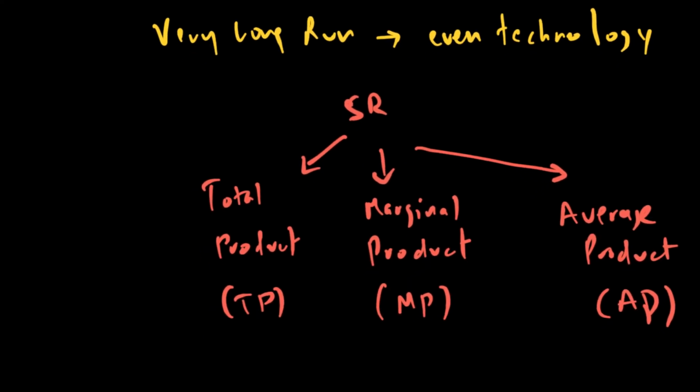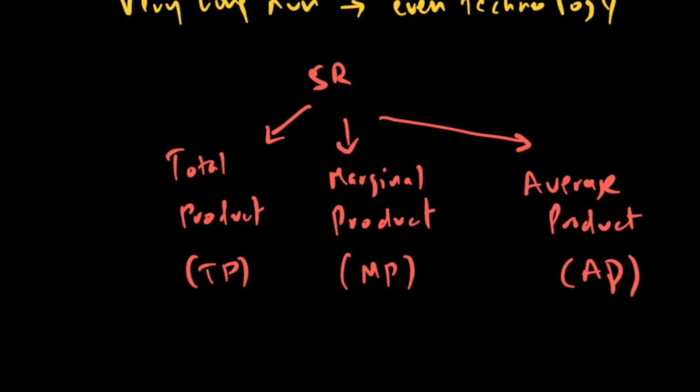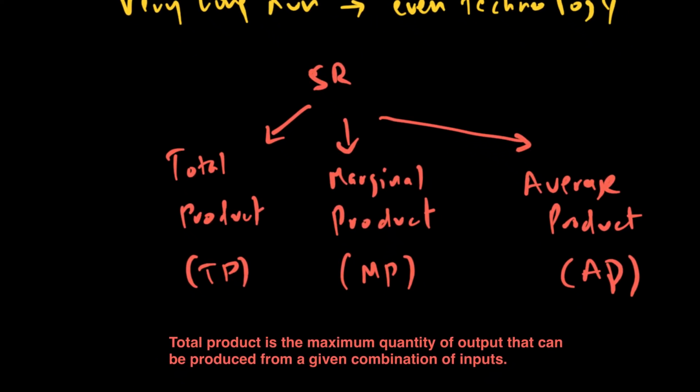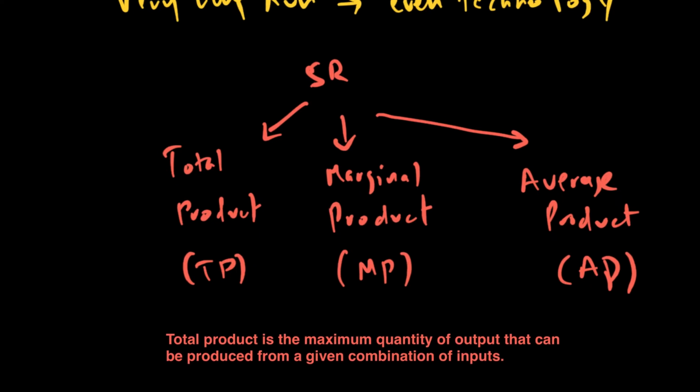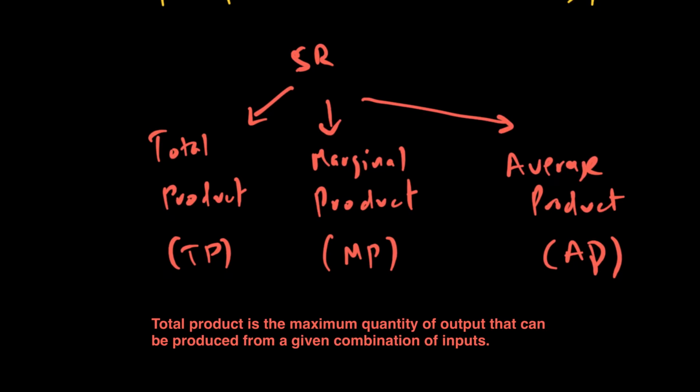Total product is simply the total or the maximum quantity of output that we can produce with our given combination of inputs. So if we have a given combination of inputs like labor and land in a particular quantity, how much is the maximum we can get? That's the total output from those inputs.